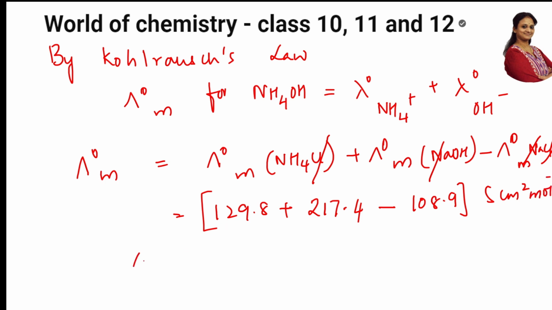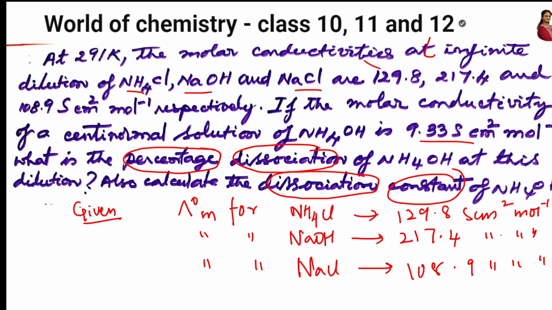When I calculate this, I get the molar conductivity for ammonium hydroxide at infinite dilution, around 238.3. Okay, this is for your ammonium hydroxide. So, students, now what did they give me? They have also given the molar conductivity of the centinormal solution, 9.3. Okay.